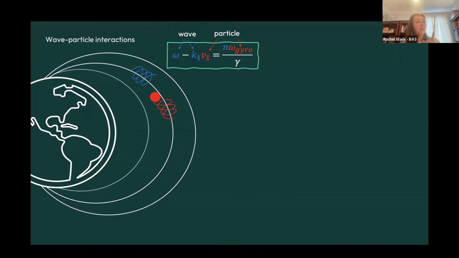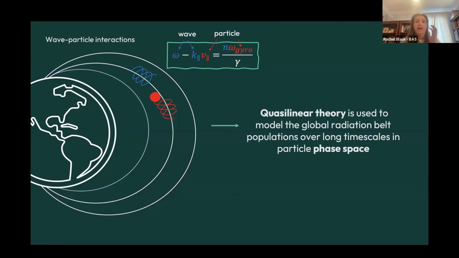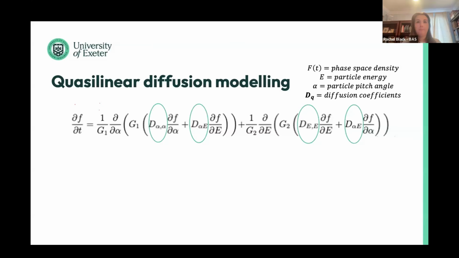Now, obviously, this is just one interaction, and the radiation belts are a global phenomenon. So, how do we model what's going on on a larger scale? We tend to use a quasi-linear diffusion theory to describe the entire particle population in terms of, for example, their pitch angle and energy, and a slow diffusion across these coordinates over long time scales in the particle phase space.